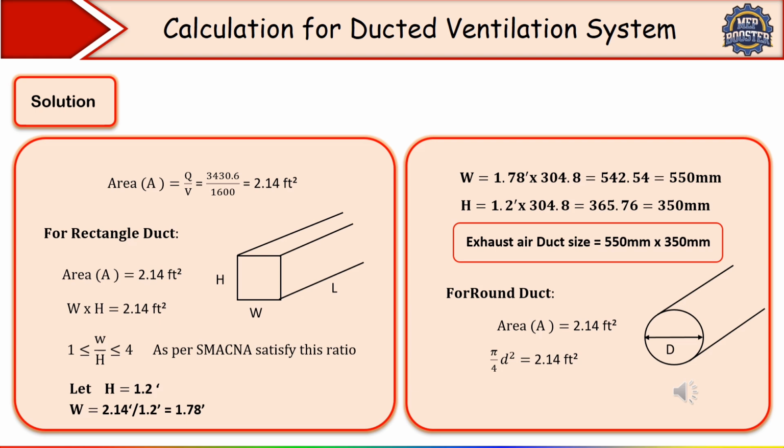So we need to find out the diameter. When you simplify, you will get the diameter around 1.65 feet. To convert feet into millimeter, you have to multiply by the factor 304.8, so you get the value around 500 mm. So if you have selected a round duct, this is the way we have to calculate the diameter of that duct.